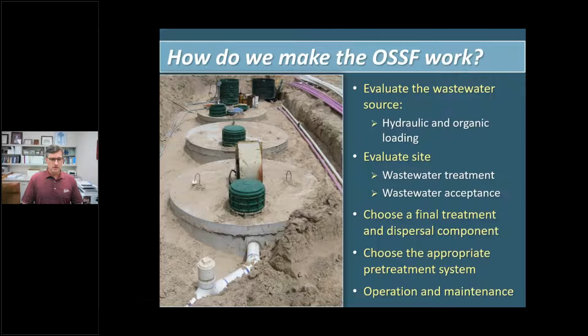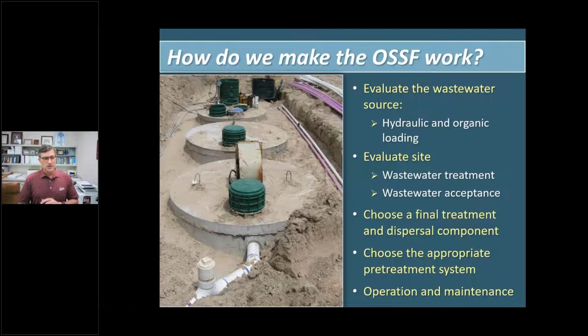All right, so evaluating the site, looking at wastewater treatment, what can be accepted. You may be able to see leach fields, these surface lines. You may have spray heads, so there may be differences. And depending on your state, and even if you don't have regulations, if you take that step to figure out what your soil will accept, that can also determine what type of outlets you have.